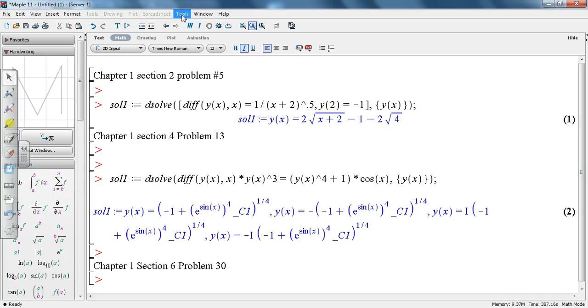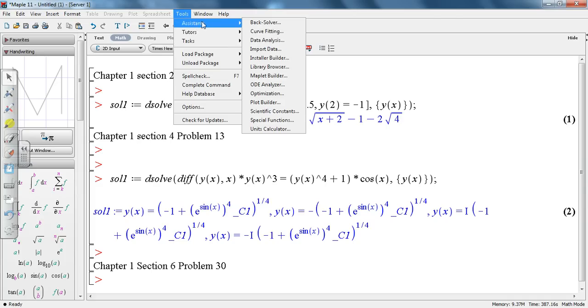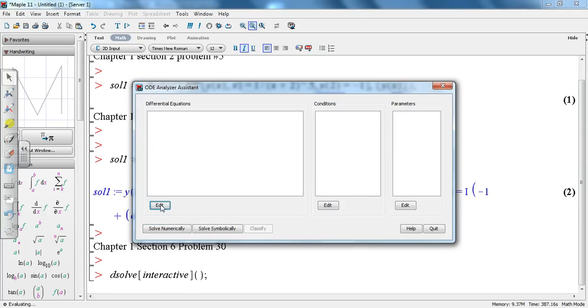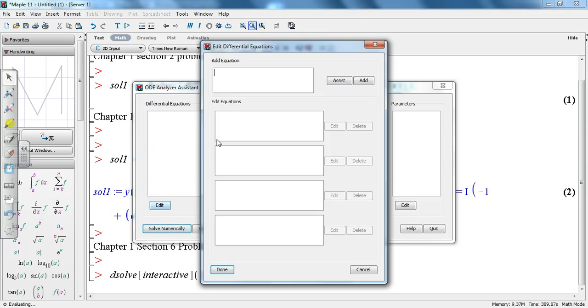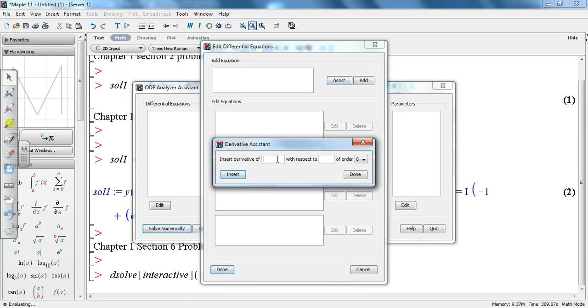So I'm going to go Tools, Assistant, Ordinary Differential Equation Solver, Edit Equations, and I'm going to have x parentheses. First of all, I'm going to put in a first derivative.